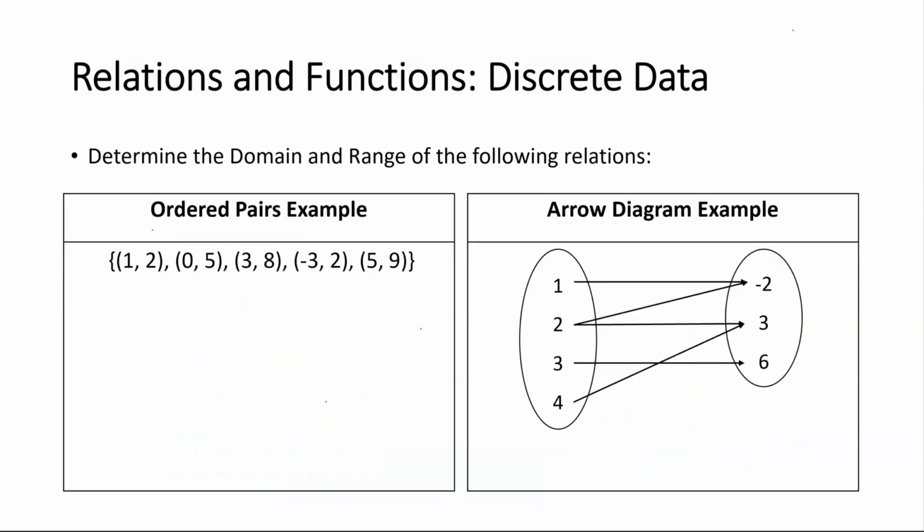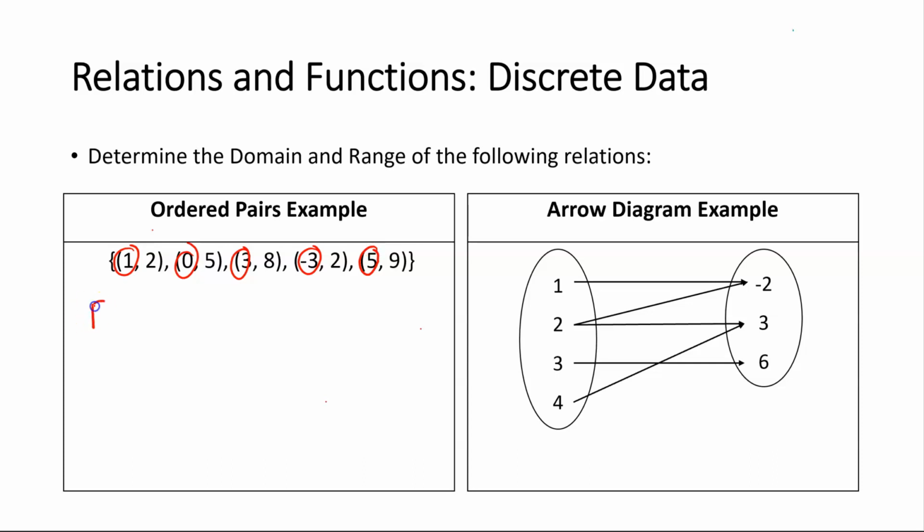Okay, let's look at an ordered pairs example and an arrow diagram example with just numbers. We're going to determine the domain and range of each of those examples. Now, when you look at ordered pairs, remember the domain is the left side. It's the input variables. It's your independent variables. It's in the pair of numbers, it's the one on the left. So you have the numbers 1, 0, 3, -3, and 5. That's your domain.